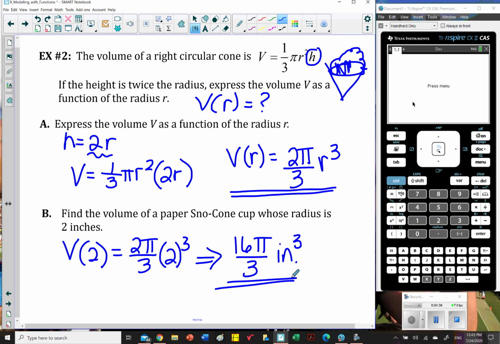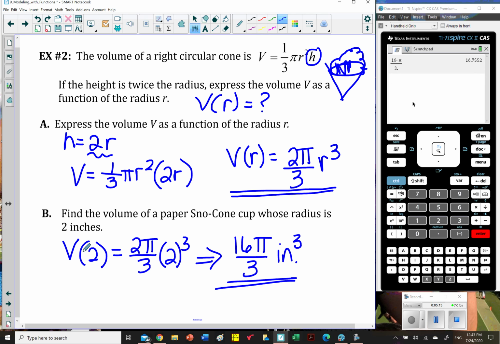If you don't have a good feel for 16 pi over 3, we can jump over to our calculator and let it evaluate that for us. We need 16 pi divided by 3, and that's going to give us about 16.755.